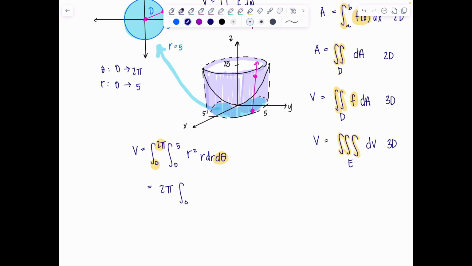Then you just have the integral 0 to 5 of r cubed dr, which is going to be 2 pi divided by 4 r to the 4th from 0 to 5. And this is going to give me 625 pi over 2. Very nice, very nice. We love it so much. Okay, moving on.